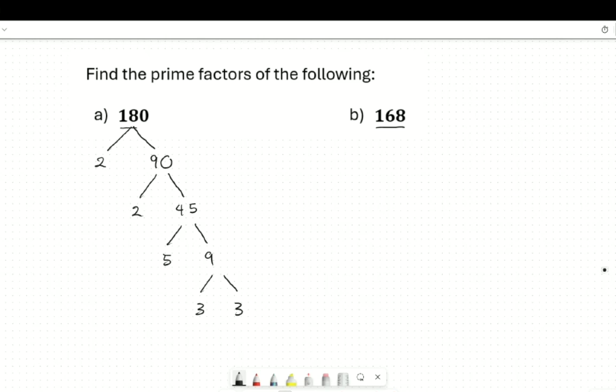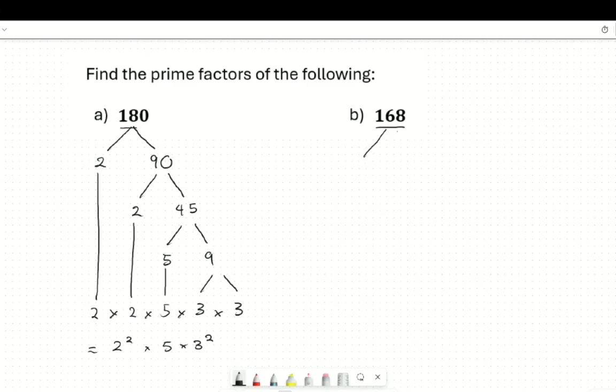So if we bring all of this down, our prime factorization, or prime decomposition, is 2 times 2 times 5 times 3 times 3. In index form, it's 2 to the power of 2 times 5 times 3 to the power of 2. Very easy, very simple. Often starting off, if you've got an even number, a great place to start is to just divide by 2.